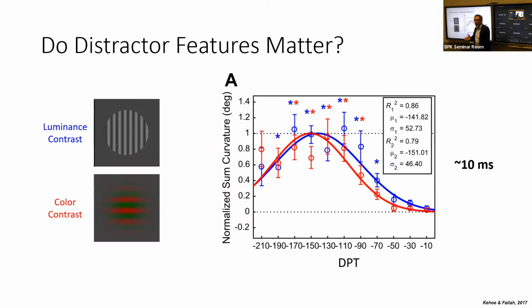You'd expect the timing to be the same. This timing difference is the timing difference you get between area V1 and V2 and area V4. So we're seeing a difference in the effects on causing the saccade to curve based on what stage of visual processing along the ventral stream the stimulus is primarily defined as.